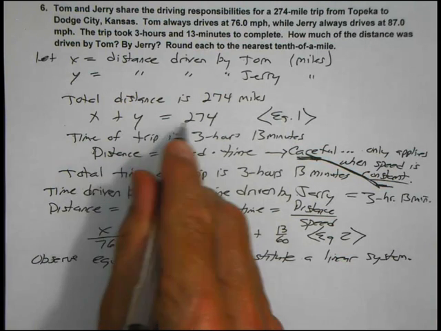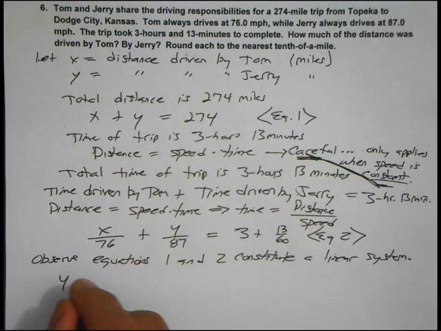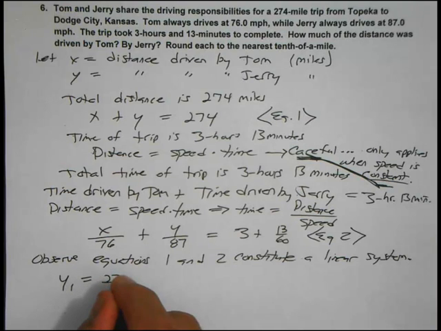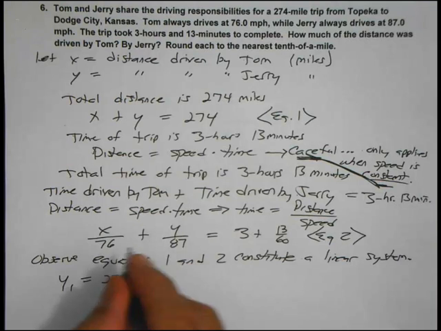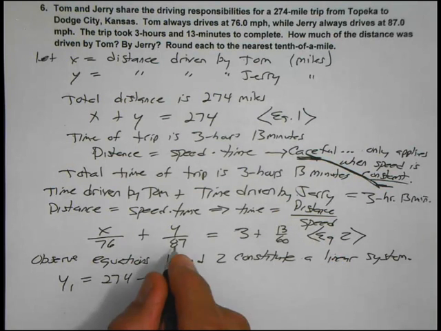Equation 1, need to solve for y. Pretty easy. Subtract x from both sides. We could have a y1 equal to 274 minus x. And the second equation, we'll need to subtract x over 76 from both sides, then multiply both sides by 87.